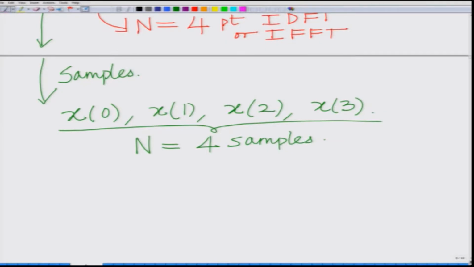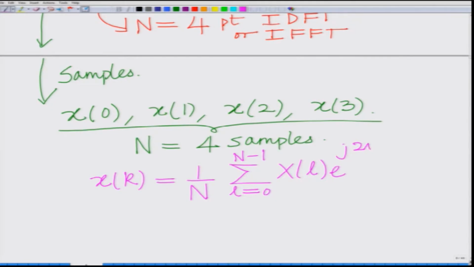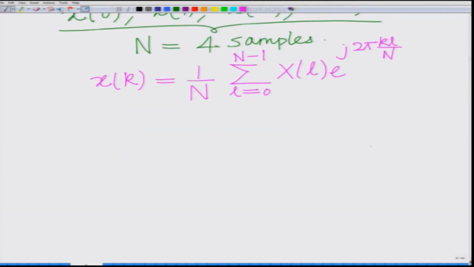These are generated by the IDFT, and all of you must be familiar with the IDFT, that is, we have x of k equals 1 over N summation L equal to 0 to N minus 1 capital X of L, that is the symbols loaded onto the subcarriers, e to the power of j 2 pi kL by N, and now I am going to substitute N equal to 4.